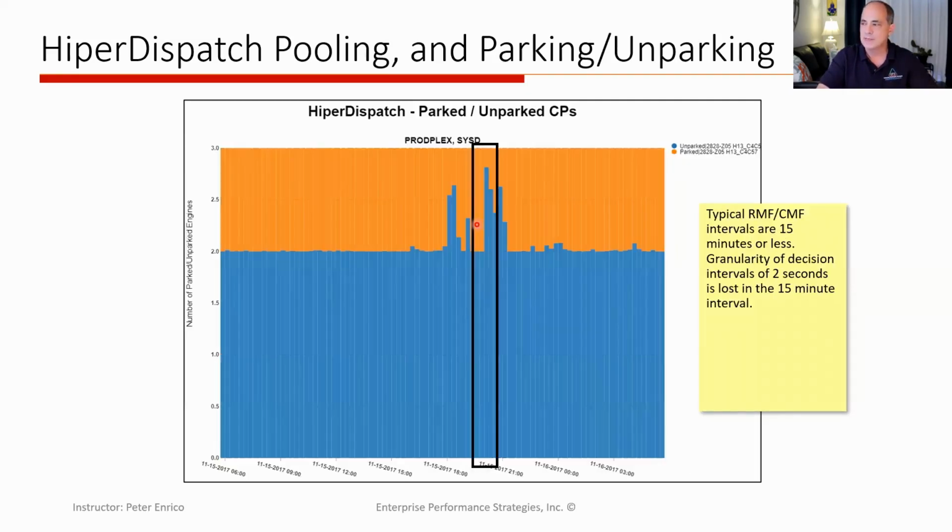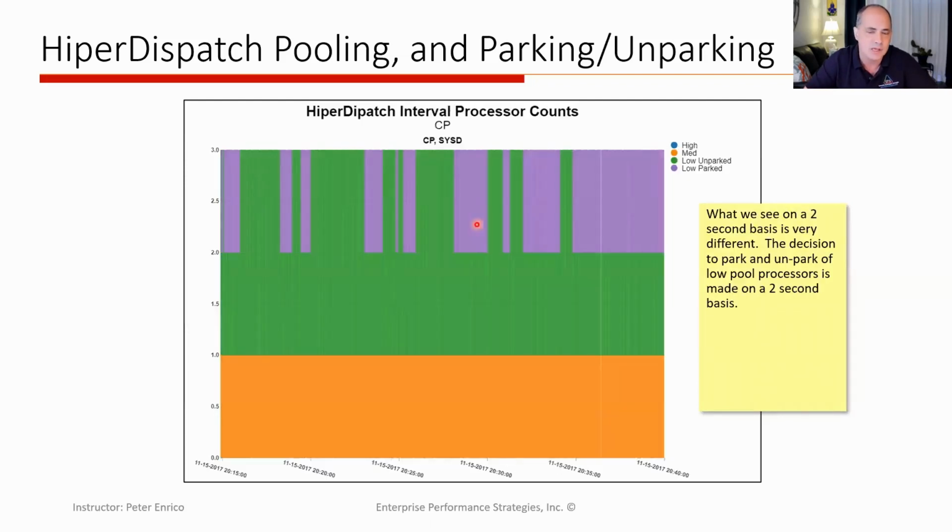For the same period of time I have highlighted here, we can get what the parking and unparking was like every 2 seconds. By looking at it every 2 seconds, I now know that we had no high pool processors. We had one medium pool processor that was unparked all the time, because mediums are always unparked.